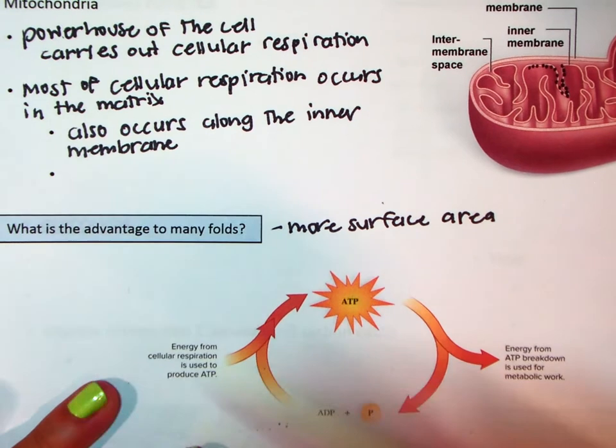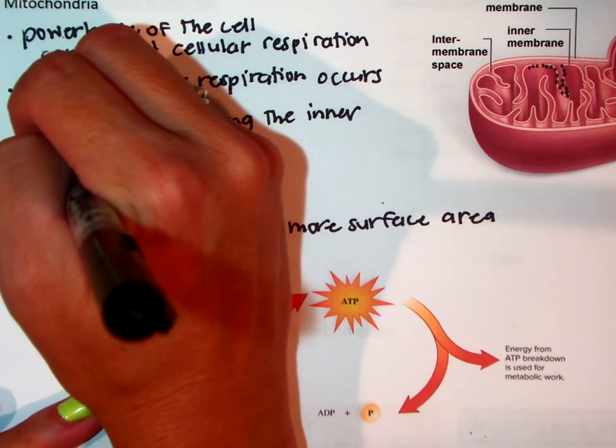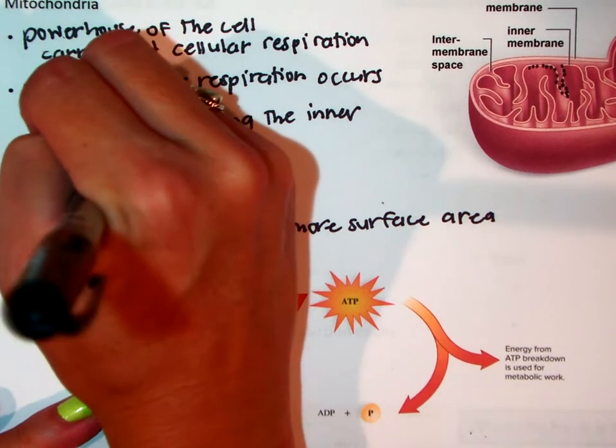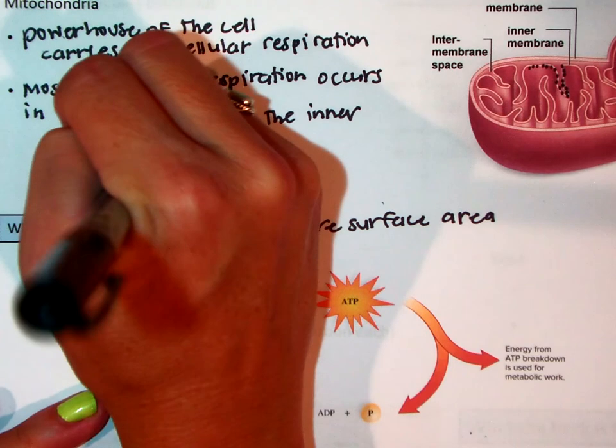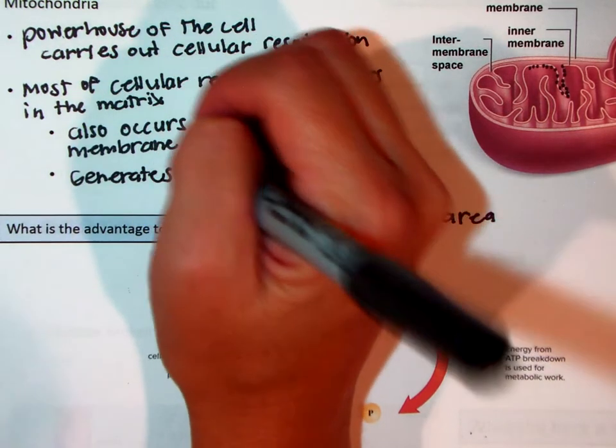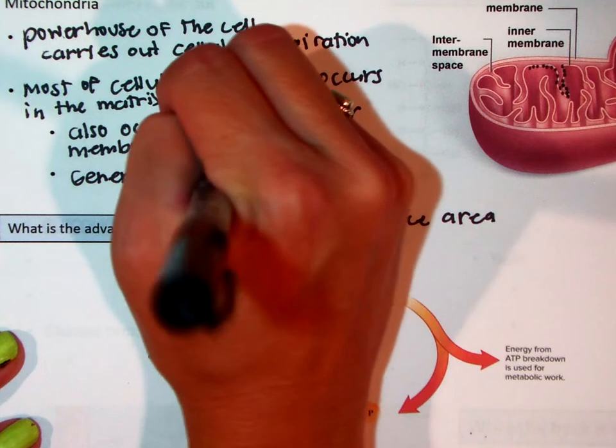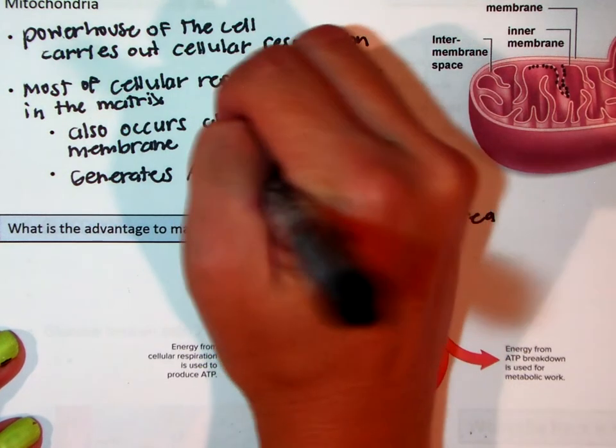Alright, and one more bullet point here. The mitochondria generates ATP, which is like a rechargeable battery.